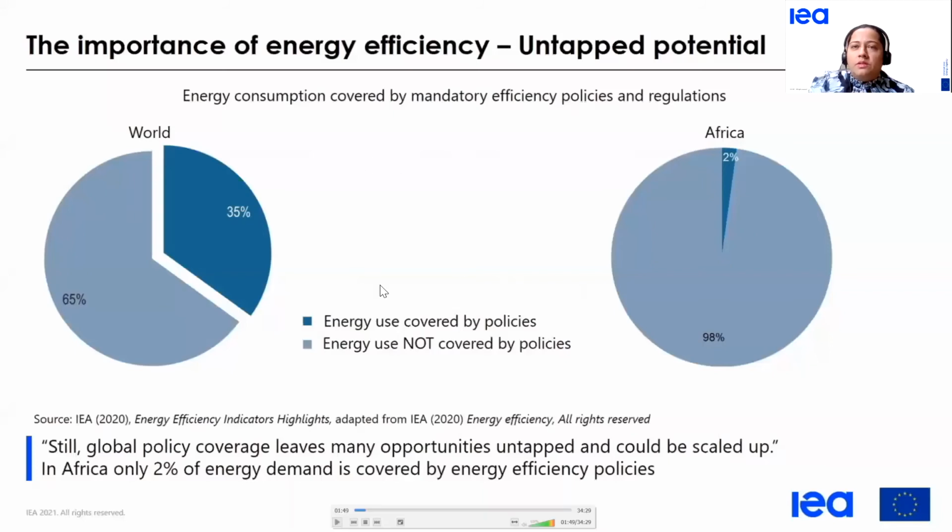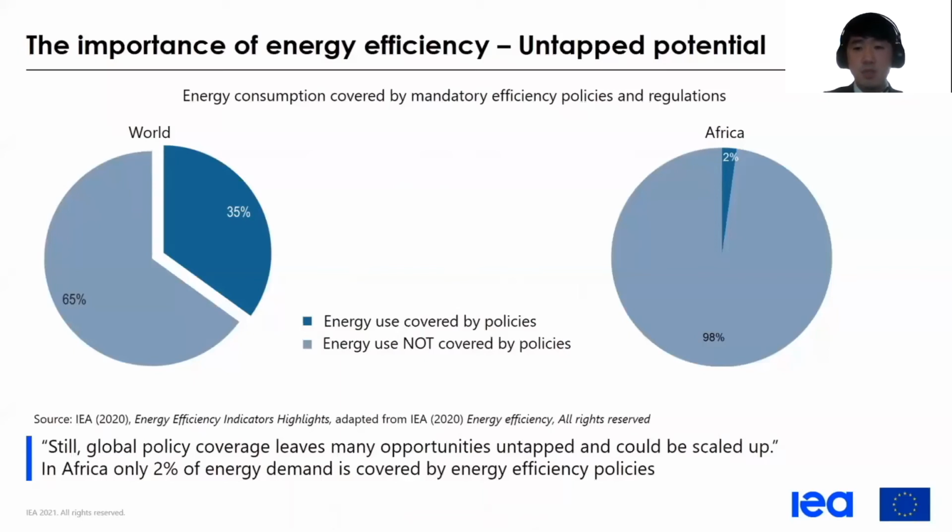So the participant is referring to this slide, where the 2% was the amount of energy demand that is covered by energy efficiency policies. Okay, so yeah, regarding this, this amount of 2% means the total energy considered on the prioritized and covered by the energy efficiency policies.